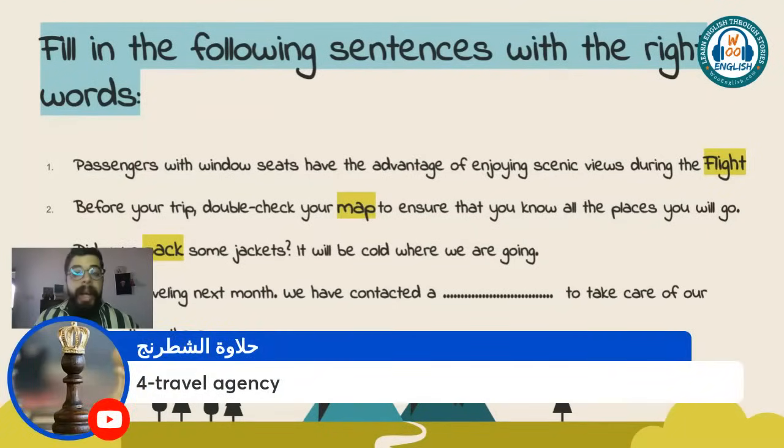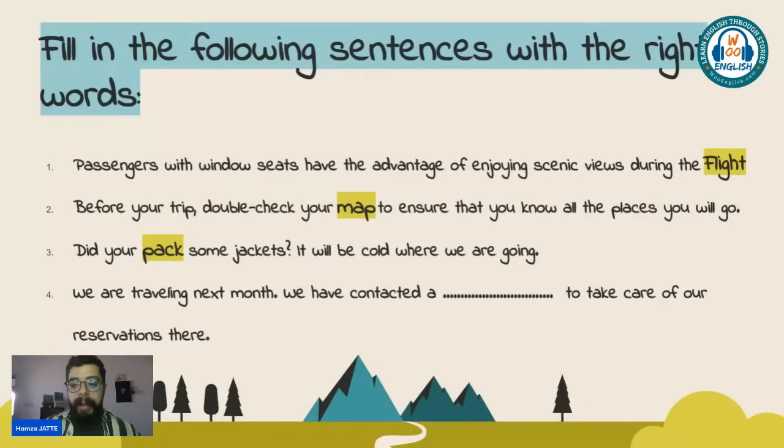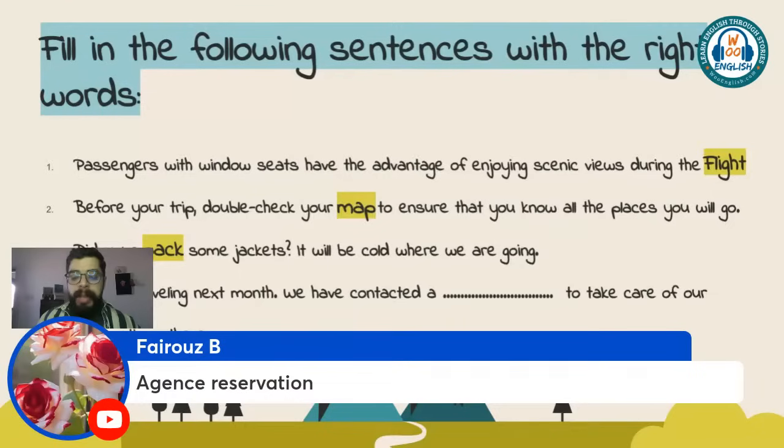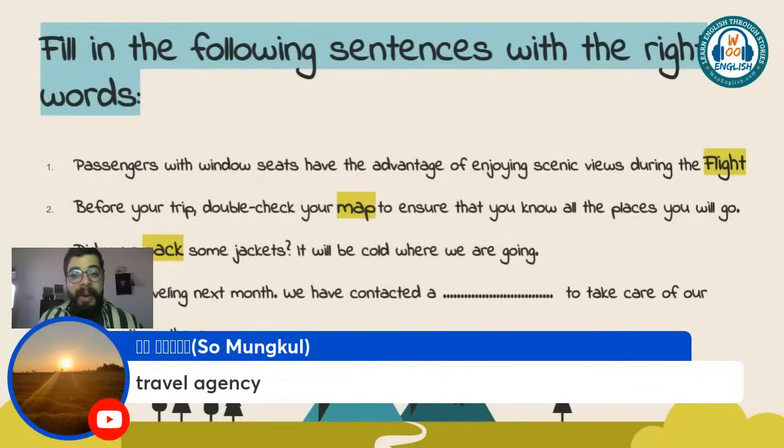Okay, number four, Amin says travel agency. Do you agree, guys, with Amin? Sophie also says travel agency. Agents reservation, but this is not the word that we saw, Feroz. This is not the word that we saw earlier. Travel agency. So, okay, finally, more people interacting with us. A travel agency.